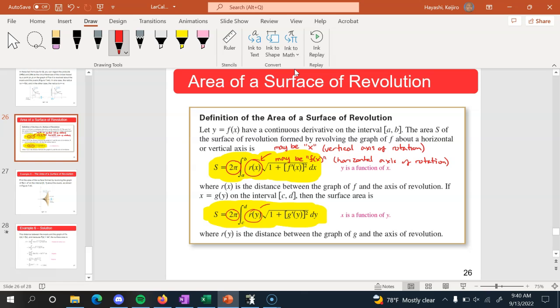Okay. Similarly, r of y may be simply the variable y. And that's going to be if it's a horizontal axis of rotation.